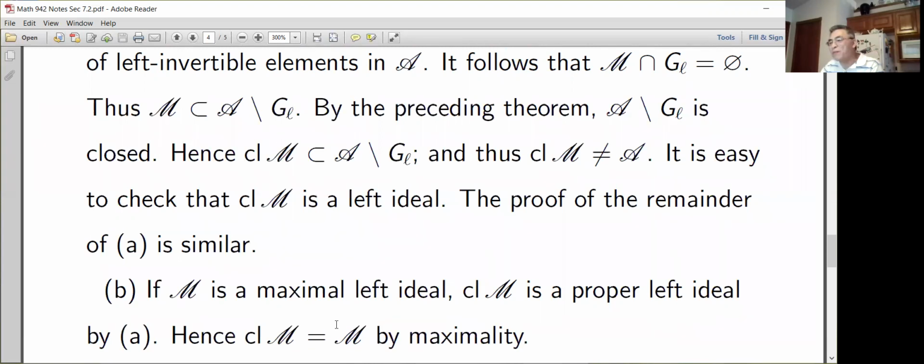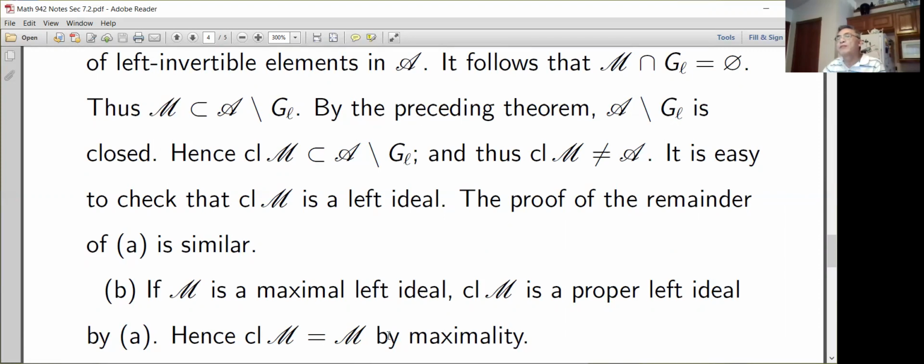You see, M is already a maximal left ideal, but the closure of M is again a proper ideal which contains M. Since M is maximal, they must be equal. So the closure of M must be equal to M. So M must be closed.